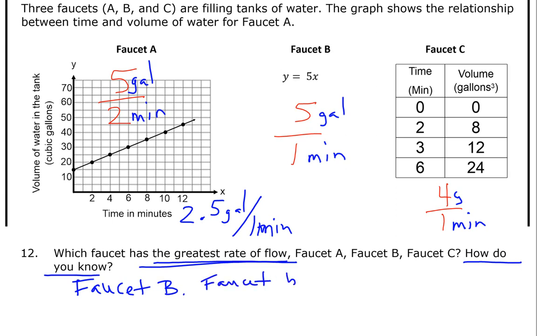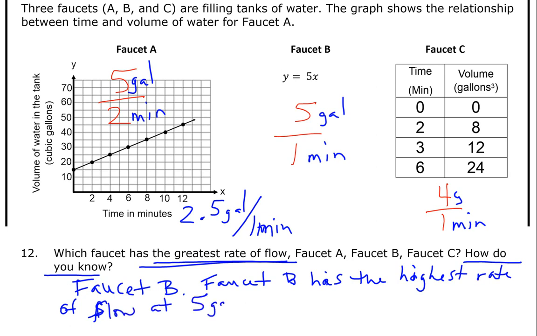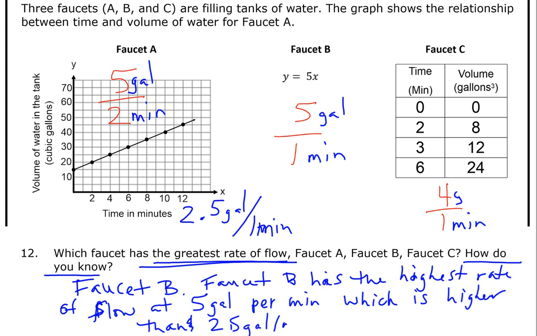Faucet B has the highest rate of flow at 5 gallons per minute, which is higher than 2.5 gallons per minute and 4 gallons per minute.